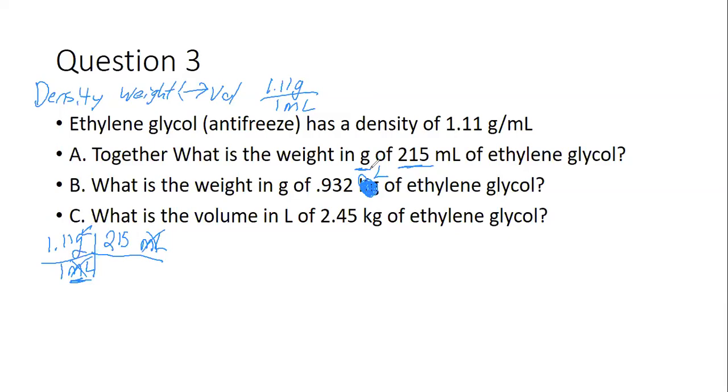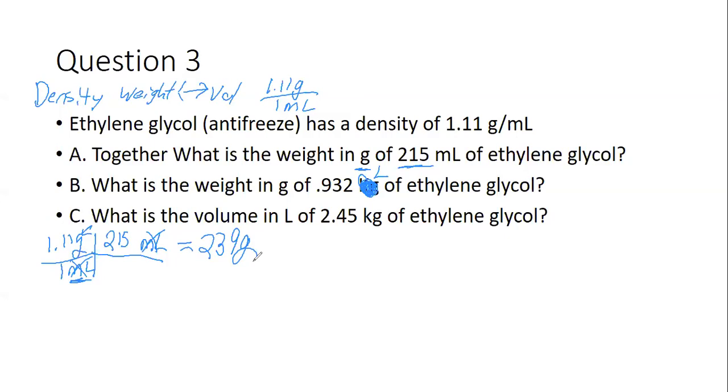So it's 1.11 multiplied by 215 divided by 1, which means the weight of this amount of ethylene glycol is 239 grams, if I did my calculation right. And that is how you use density as a unit conversion. And that's how you can convert between a weight and a volume.